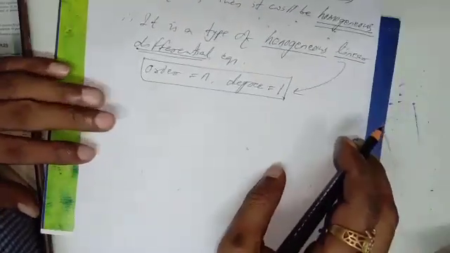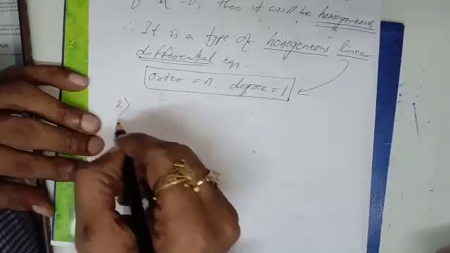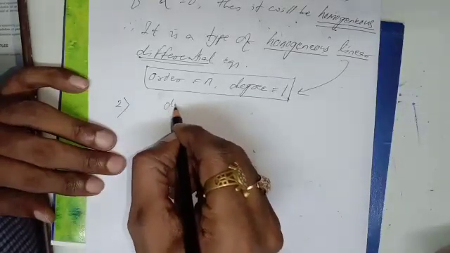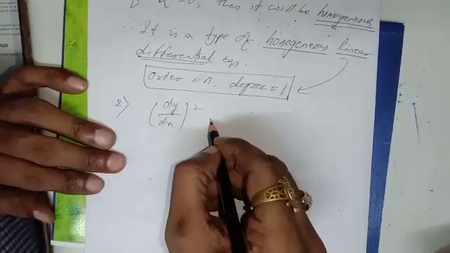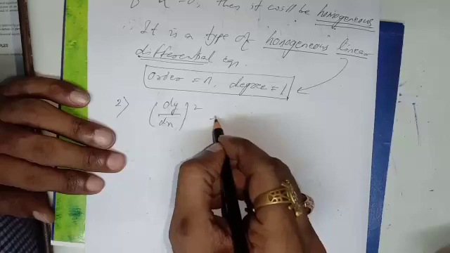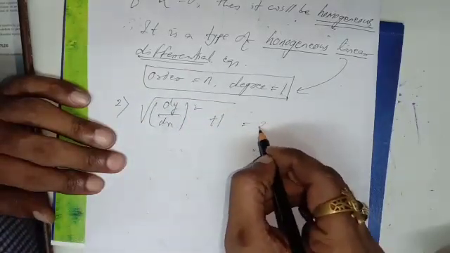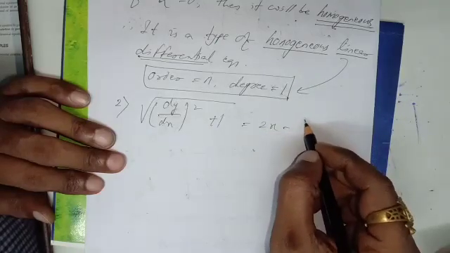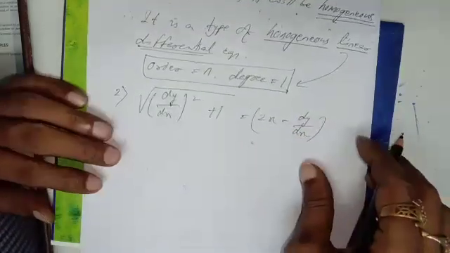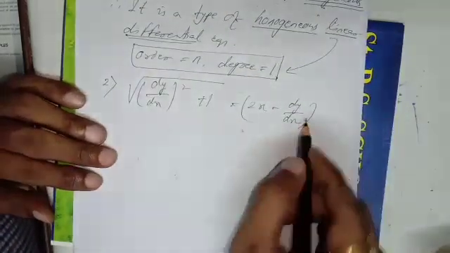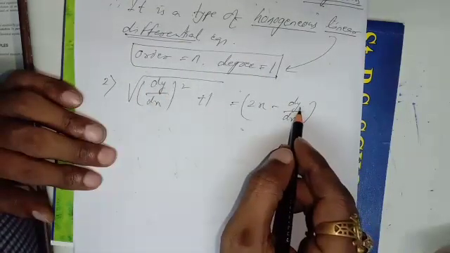Okay. Let us go to another question. Question number 2. It is given that (dy by dx whole square plus 1) whole root is equal to 2x minus dy by dx. What is the order and degree of this? First of all, you have to square both sides.